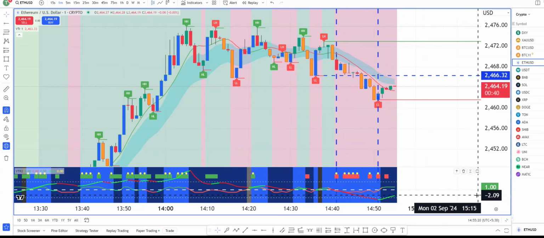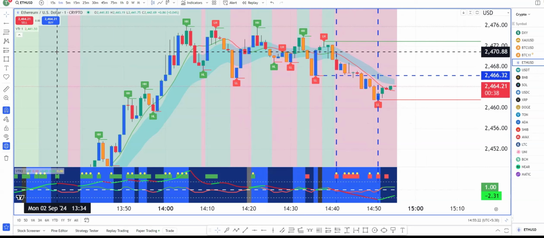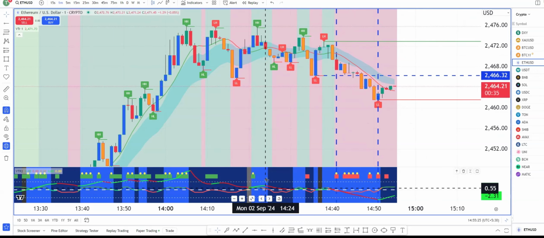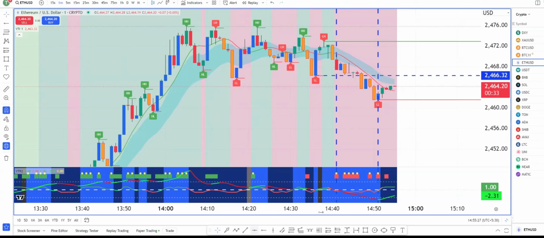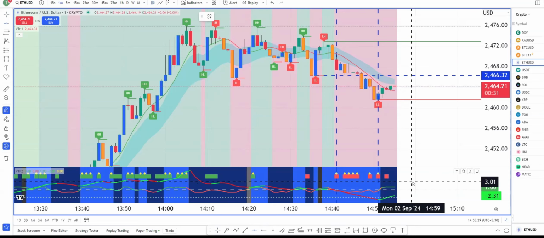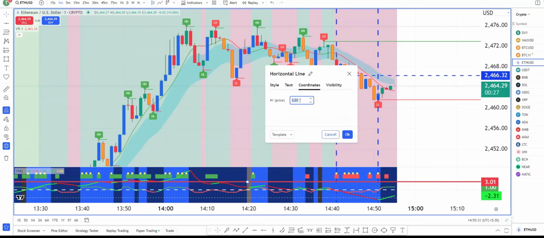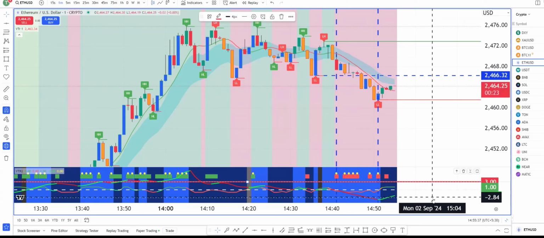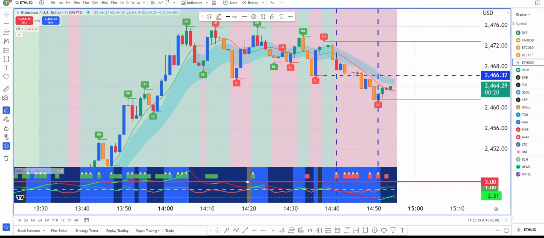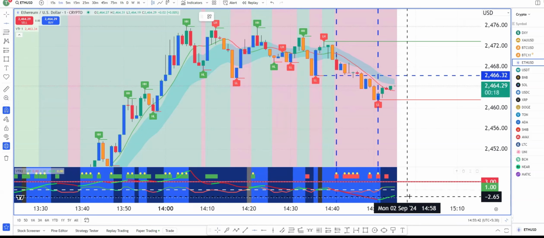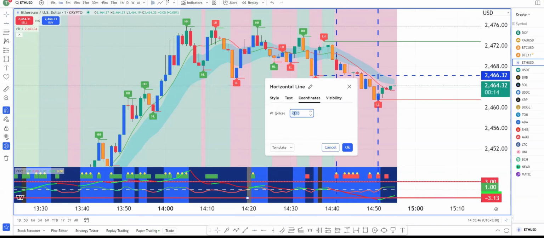I will make it a different color now for you to identify. I have put 2 white dotted lines there. Let us take one here, and let me put that at +3. Then I'll take one more line here, at -3.